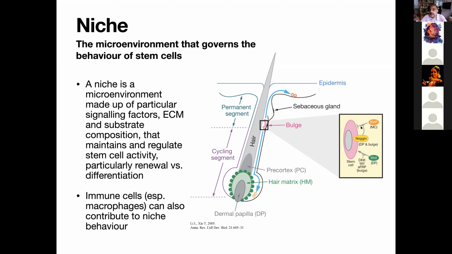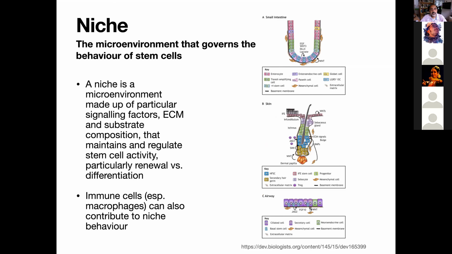And so when these stem cells, which are generally quiescent, are activated, they'll migrate down to the base of the hair and start to proliferate to start forming a new hair shaft. Okay. So these are the hair stem cells.